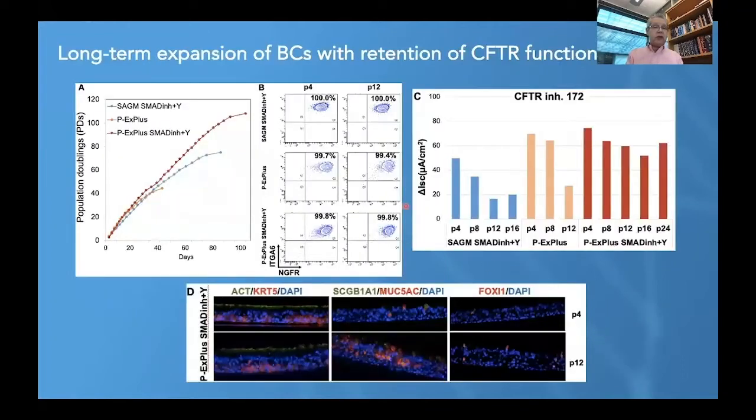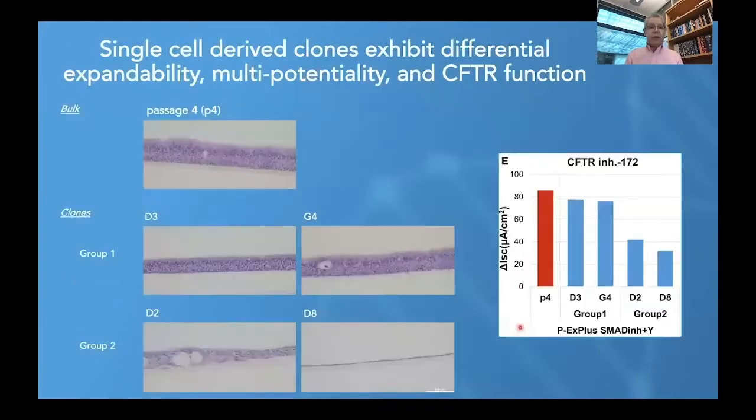And this just shows a selection of a media with supplements that allows us to get robust expansion, maintenance of basal cell specific markers, and most importantly, when placed in air-liquid culture, robust maintenance of CFTR activity even after multiple passages and formation of multipotential airway epithelium.